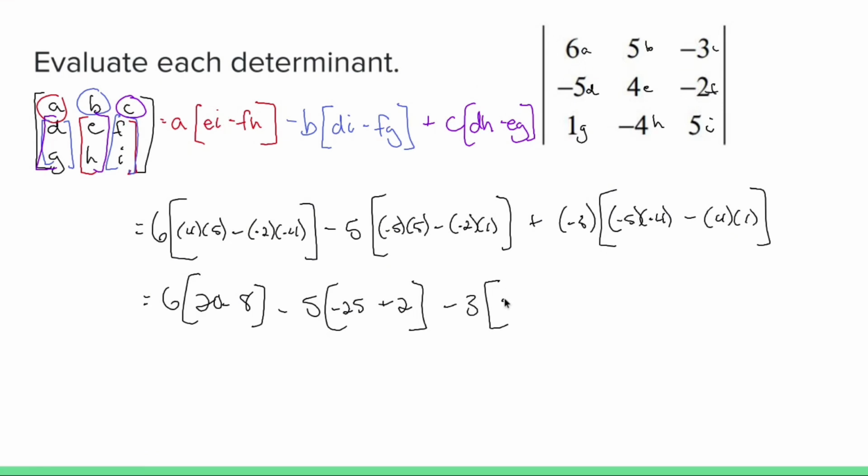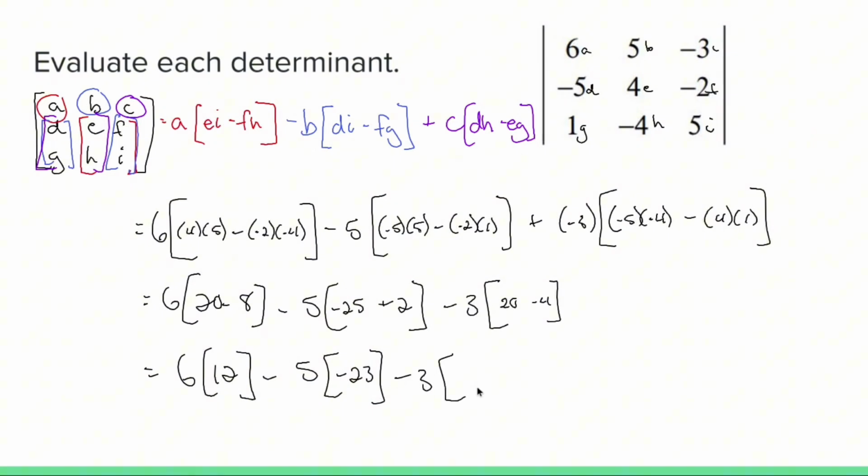Negative 5 times negative 4 is positive 20. Negative 4 times 1 is minus 4. Okay. 20 minus 8 is 12. Minus 5. Negative 25 plus 2 is negative 23. Minus 3 times 20 minus 4 is 16.